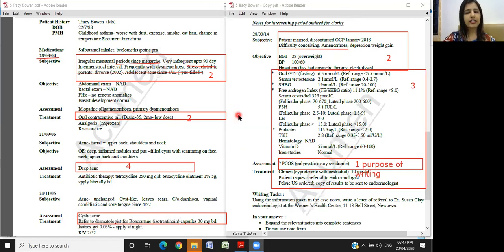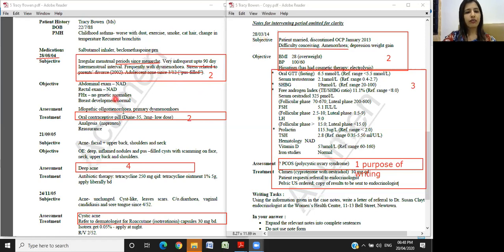Similarly, if you had started your paragraph by saying, on so and so date she presented to my clinic with complaints of this, that wouldn't suit the genre and style of this letter, because you are writing to an endocrinologist for PCOS. Rather than going about their visit, it really doesn't matter when they visited you. What matters the most is for how long they have had these symptoms. So that is where genre and style would get affected.